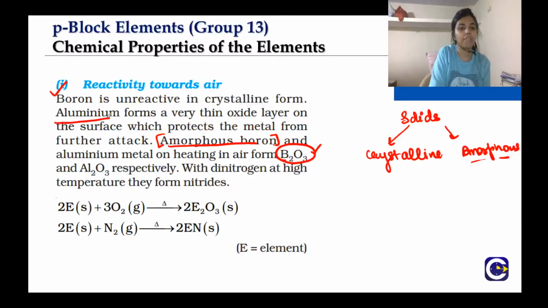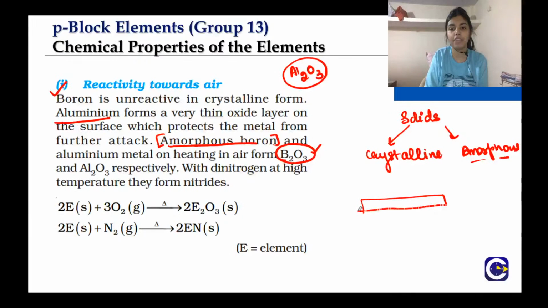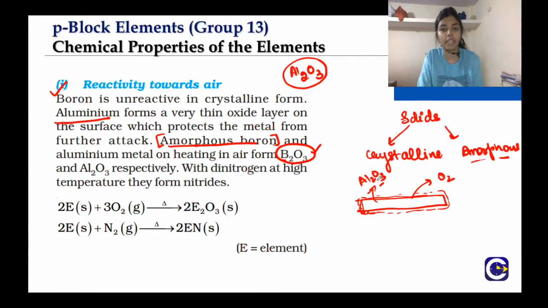While aluminium, as we have already studied, on reaction with a little amount of air, that means a little amount of oxygen, forms a protective layer around it, which is of Al2O3, right? Let us say, for example, we have an aluminium rod here. I make it react with oxygen. With some part of oxygen, it forms a coating of Al2O3. Now Al2O3 is a very hard substance with a very high melting point, right?